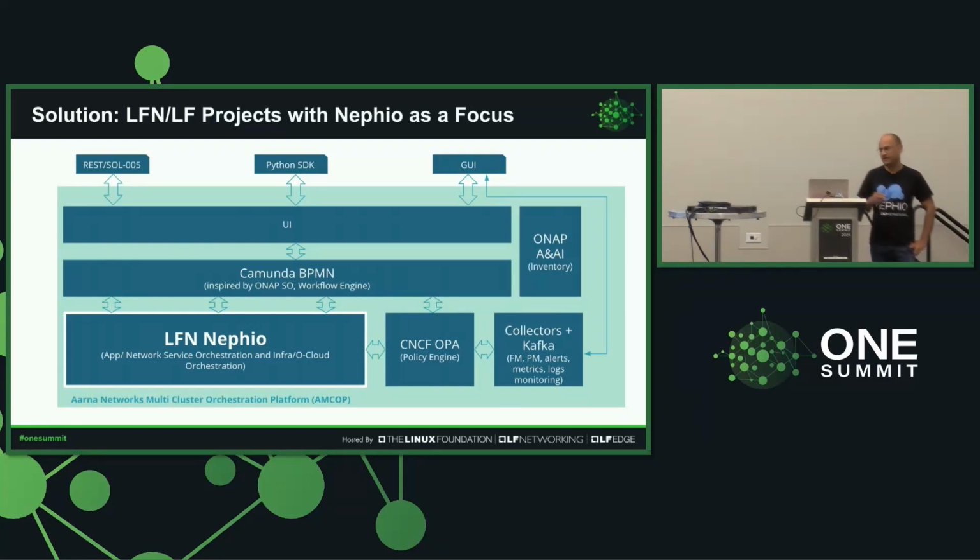It's a graph database using JanusGraph. And then on top, we have APIs and a GUI. For the APIs, we have REST APIs, native APIs. We also have an SOL005 interface to interface with traditional OSS/BSS systems, a Python SDK, and a private 5G-centric GUI.